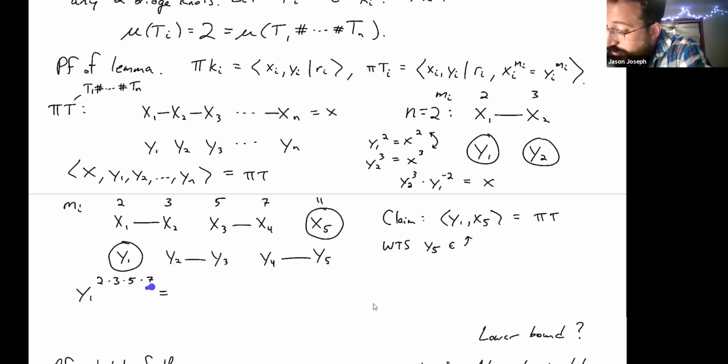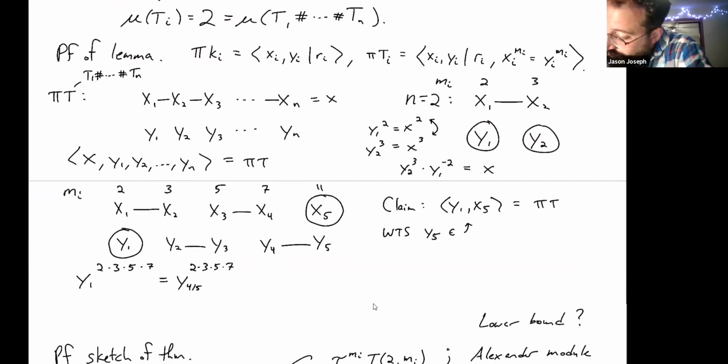And since we're raising it to a multiple of 7, it is also equal to y4 raised to that power. And y4 is the same as y5. So I'm just going to write y4,5 raised to this big number. And x5 raised to the 11 is equal to y4,5 raised to the 11.